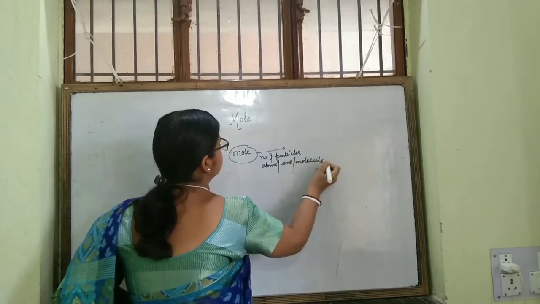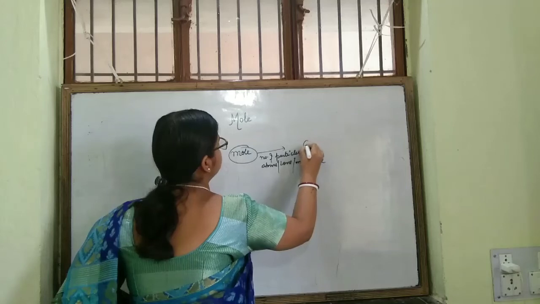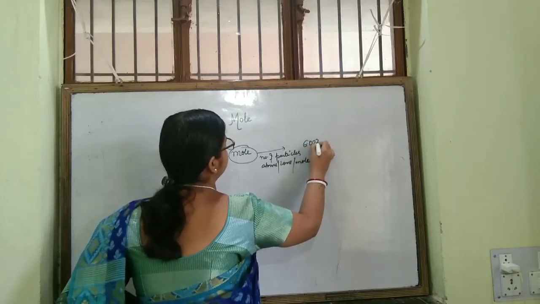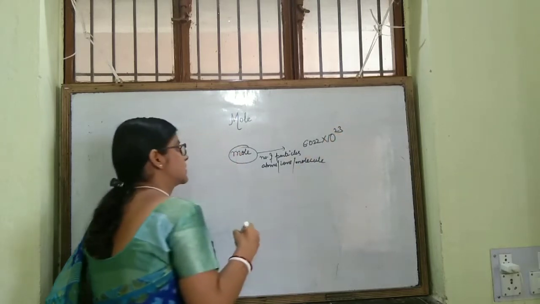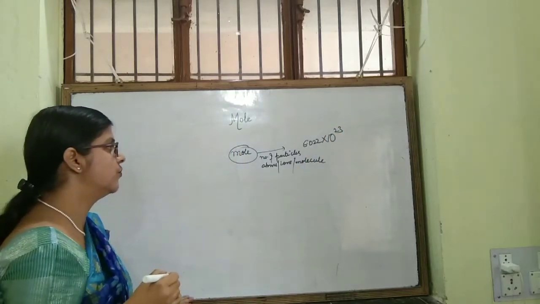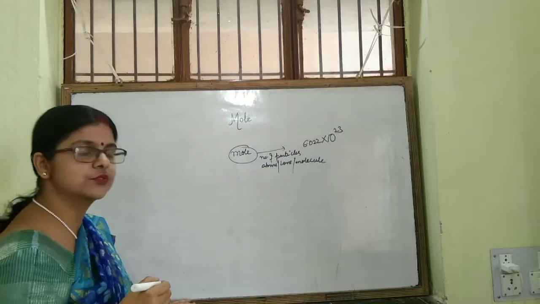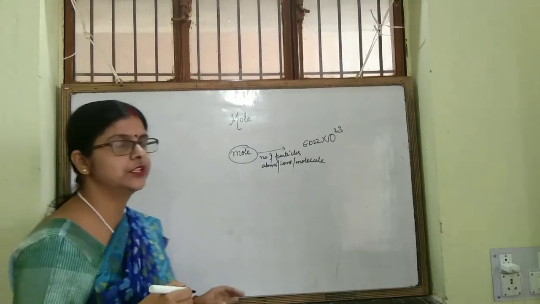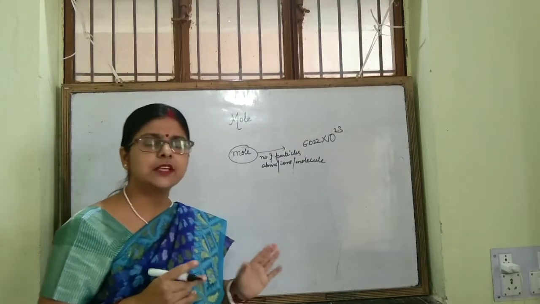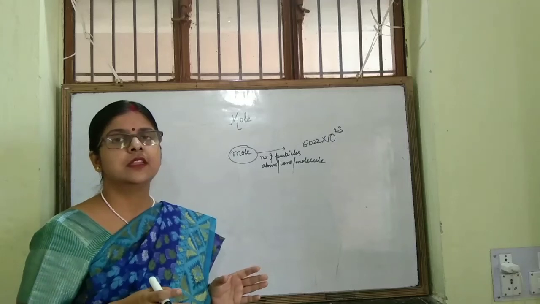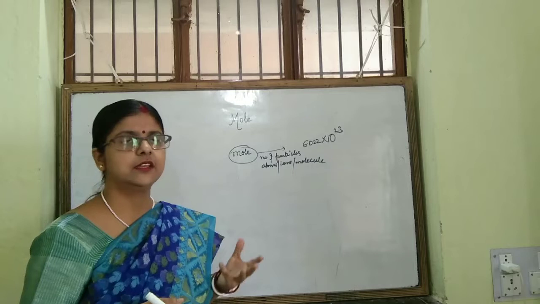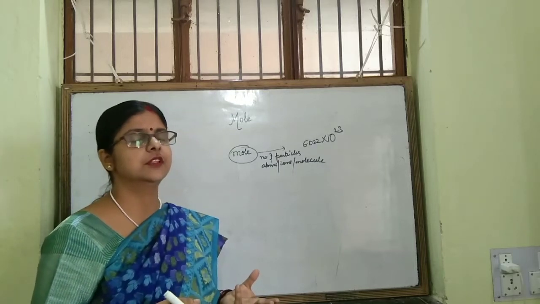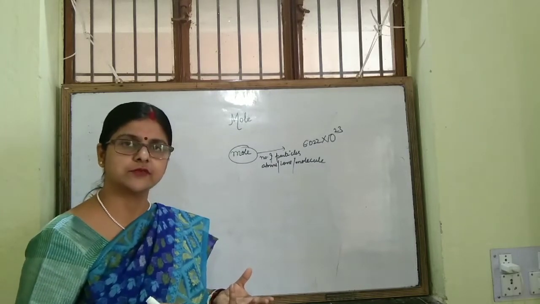If we speak, then 1 mole contains 6.022 into 10 to the power 23 number of particles. This is the number of moles in terms of number of particles, in terms of number of molecules, ions or atoms.